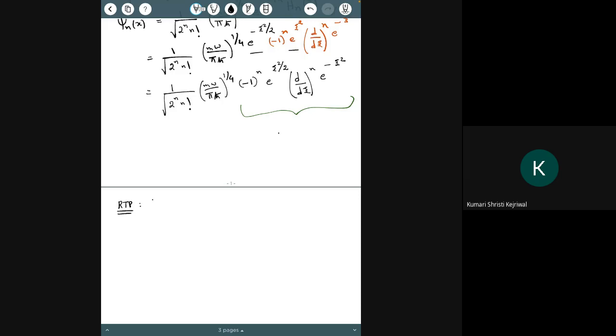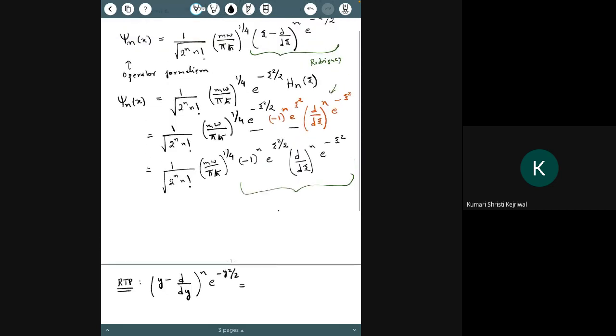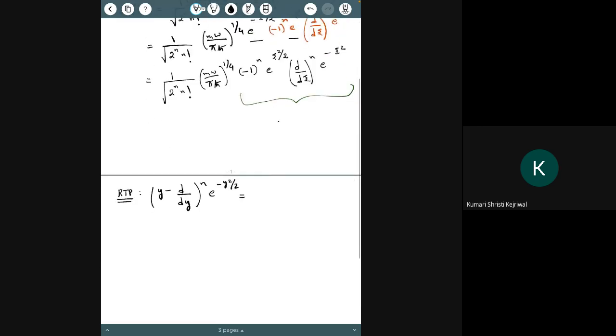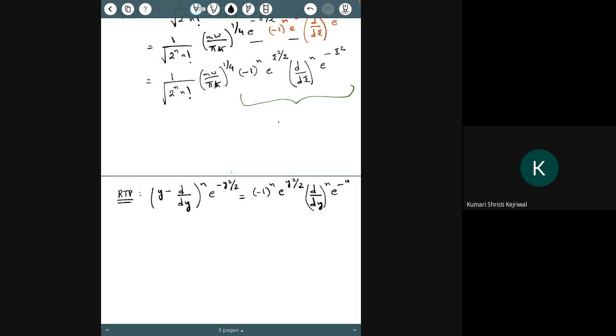This is just an identity, so it doesn't matter whether I write xi or y or whatever. So I need to show that this is equal to minus 1 to the power n, e to the power y squared by 2, d dy to the power n, e to the power minus y squared. Okay. Now we will do the proof by induction.